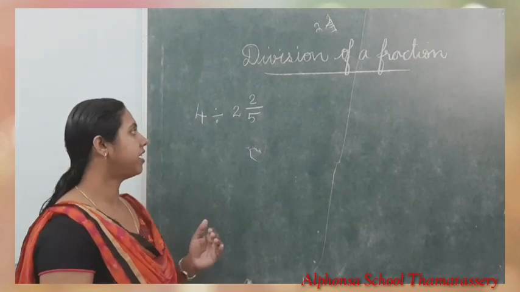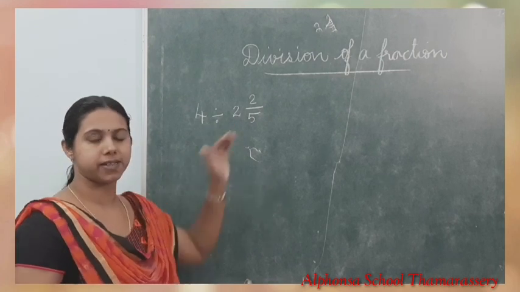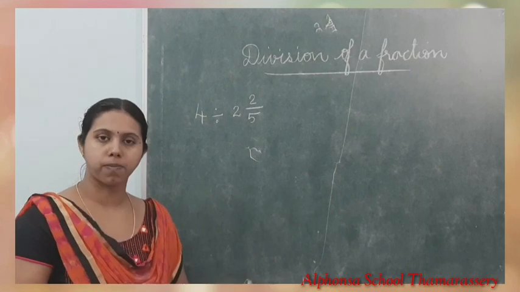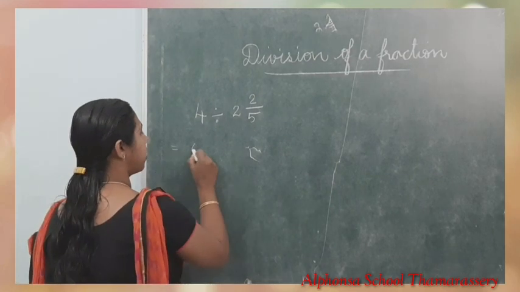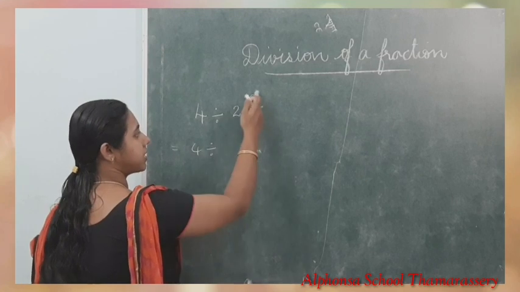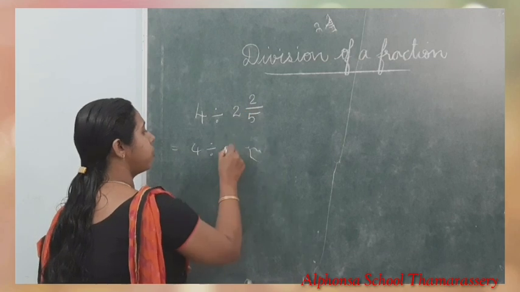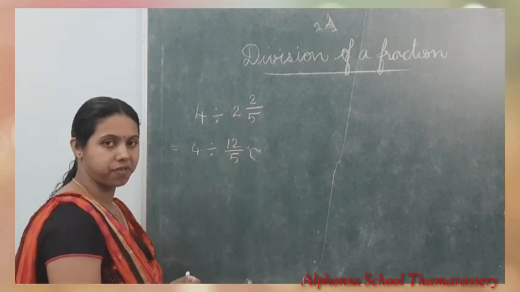Next one is 4 divided by 2 2 by 5. A whole number is divided by a mixed fraction. So if it is a mixed fraction, first you change it to an improper fraction, then do it. So it will be 4 divided by the mixed fraction changed to improper. 5 2s are 10, 10 plus 2, 12 by 5. Mixed fraction changed into improper fraction.